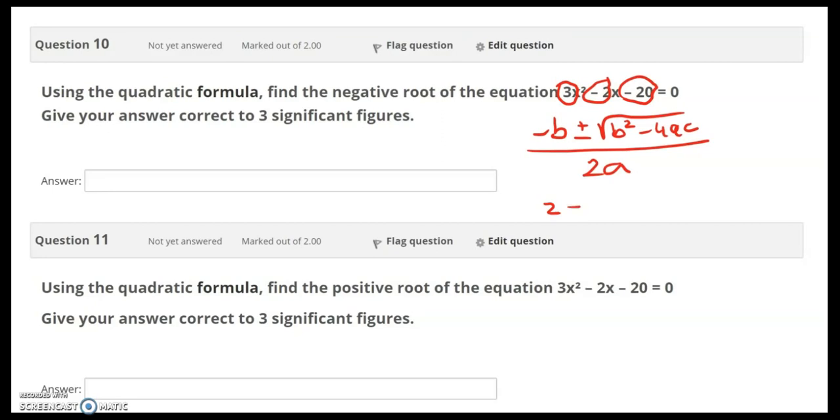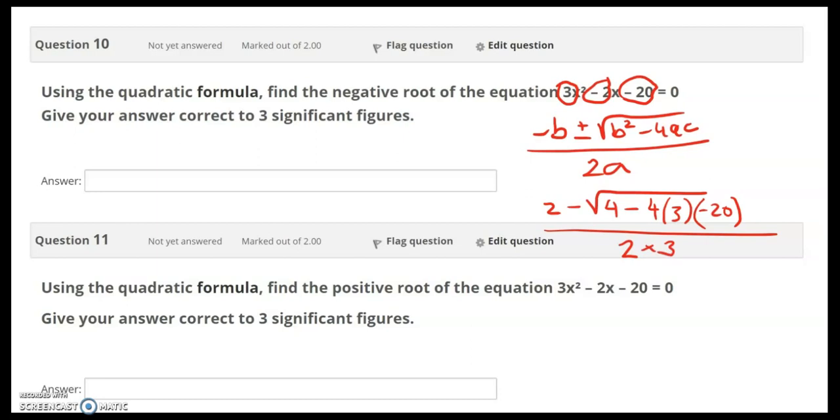So 2 minus square root of b squared, which is 4, because minus 2 squared is 4, and minus 4 lots of a, which is 3, and c, which is minus 20, all over 2 lots of 3.